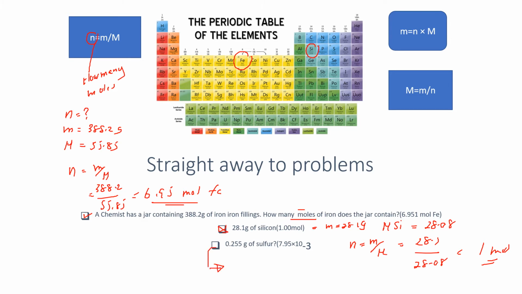Okay, this one as before, simple n equals simple m over capital M. Simple m is 0.255 divided by M for sulfur. You go to sulfur here, so sulfur is 32.066.